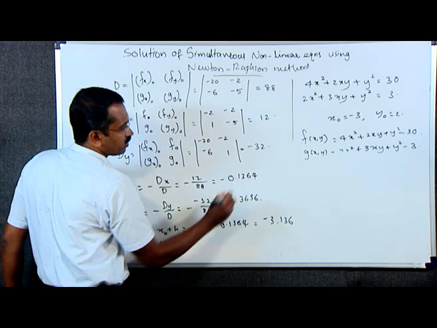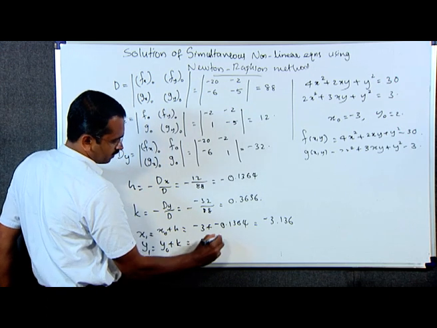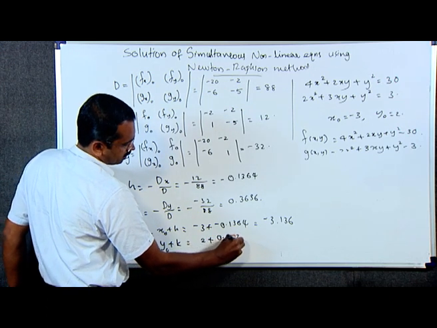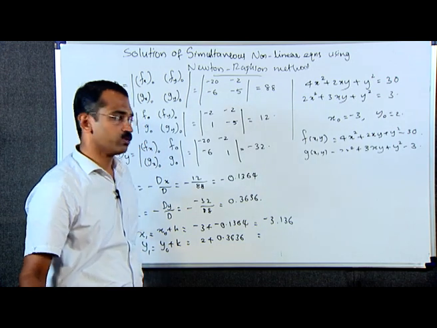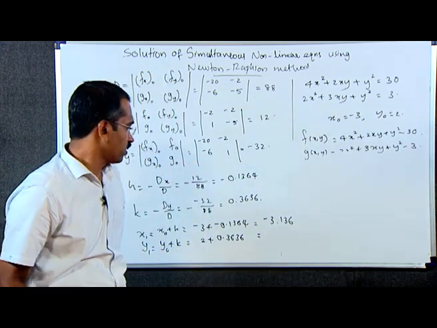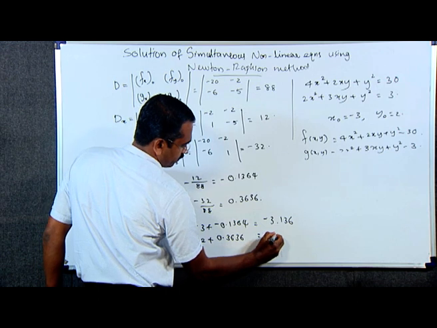That is, y naught is 2, plus k is 0.3636, which is equal to 2.364 approximately.